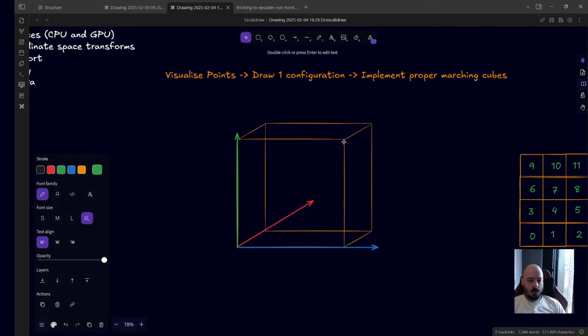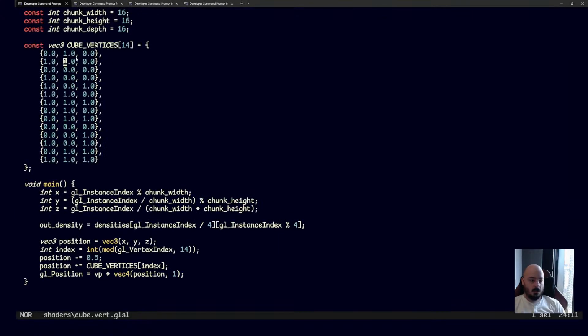So that would be this one. We also want it to be down a bit, but we want it to be in as well. So this one would also have to be in. So this couldn't be a 0. Do you get what I'm saying? So it'd have to be like an offset. So you'd have to multiply and then add a scaling factor to particular vertices, or subtract depending on where they are. Am I overcomplicating this? Maybe.